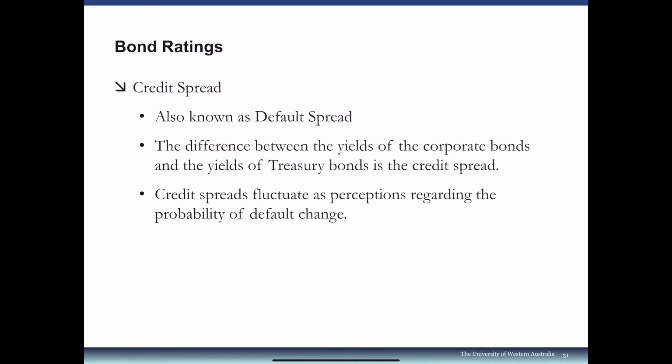So when we define credit spread, we ask what is the yield to maturity for company A and what is the yield to maturity for the treasury bond of the country. Usually the yield to maturity for a corporate bond is a lot higher, and the difference is known as the credit spread, right? The credit spreads fluctuate as perceptions regarding the probability of default change.